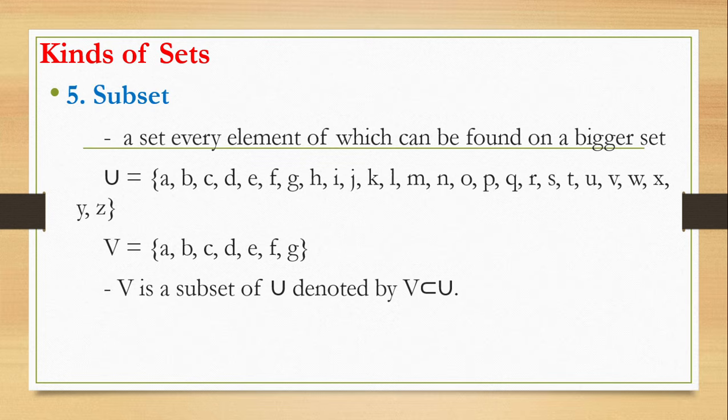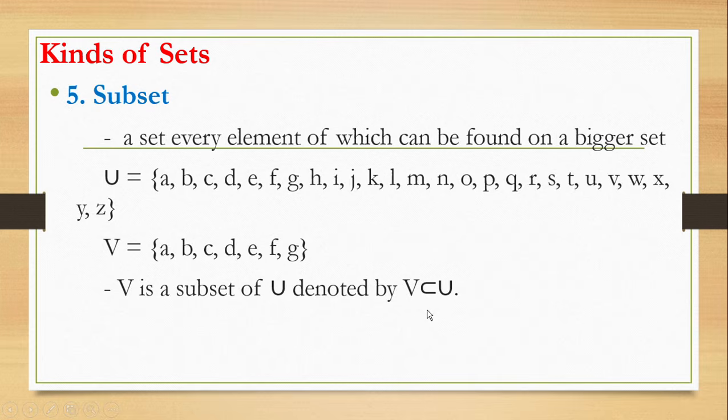Itong U na to, this will be your set of A to Z. Tapos yung V natin is a subset na nanggaling dito. Remember, yung A, B, C, D, F, G yan, nanggaling dyan sa sets na yan. Ito ang subset niya. Kasi sabi nga, V is a subset of U, denoted by V proper subset of U.